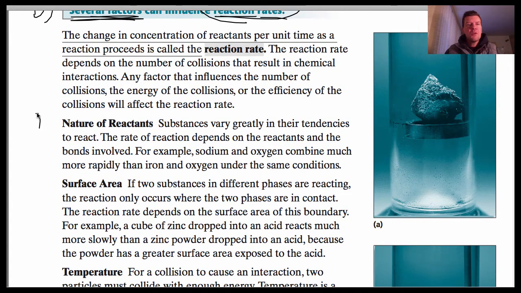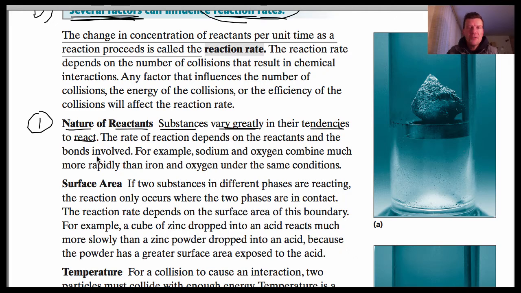Let's look at them. Number one is the nature of the reactants. Well, all that means is some things react faster than others. Substances vary greatly in their tendencies to react. Some things react slowly, some things react fast. That's just the nature of what you have. Some substances take a long time to break bonds.